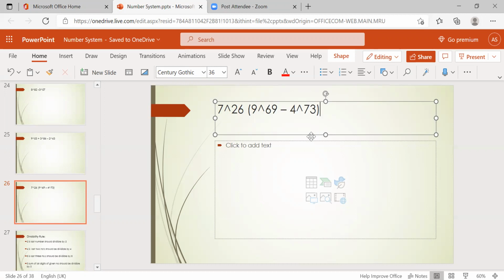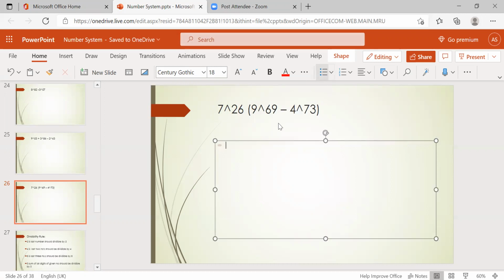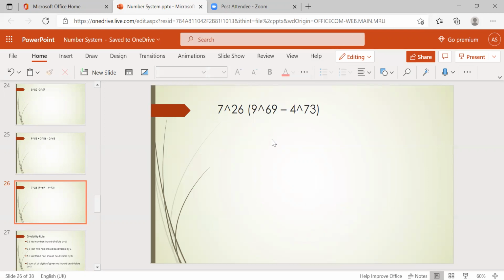Yeah. So find out this number. Value of this number is nothing but how will I do. Same manner. What is the power cycle first of all? Sorry, 7 power cycle is 4, right? So 4 we can write 4 into 24, remainder will be 2. So directly you can take 7 power 2 into 9 power 69. It's right, a 2 value. Remainder will be 2, right?